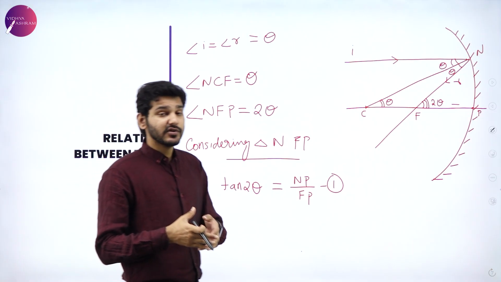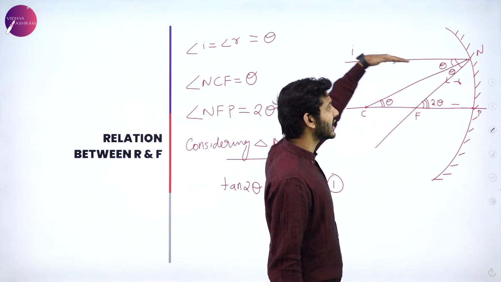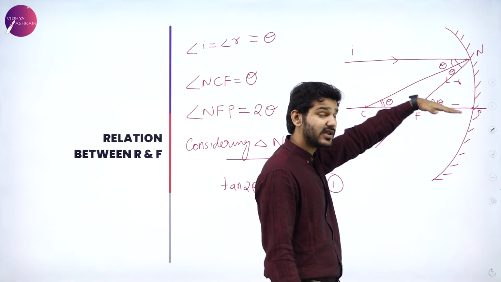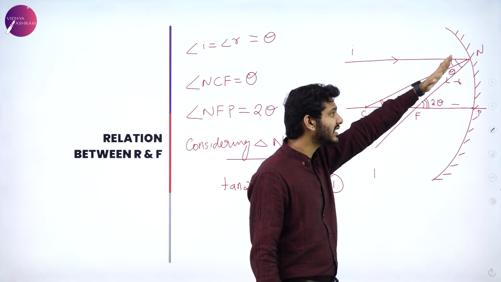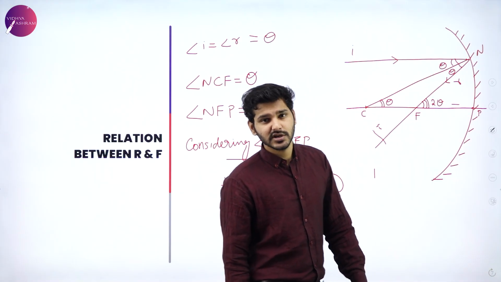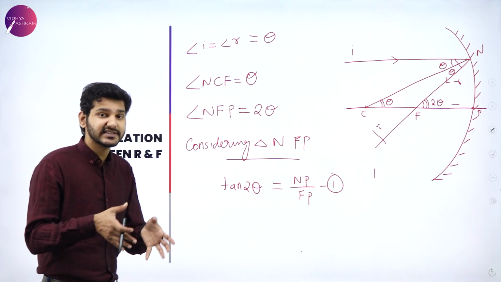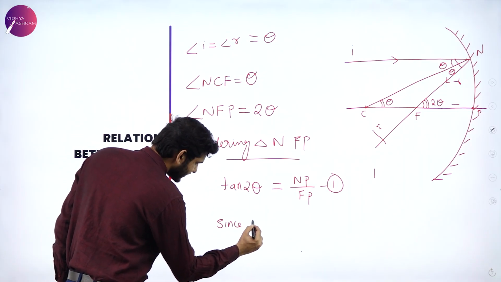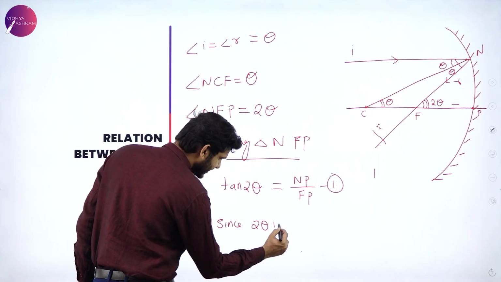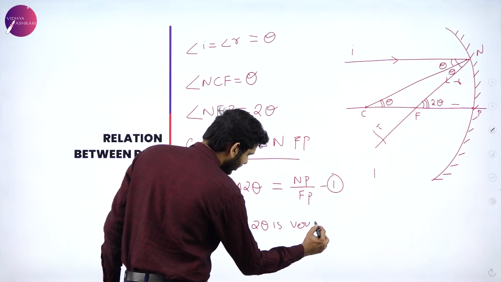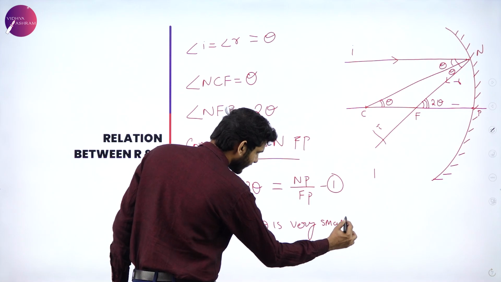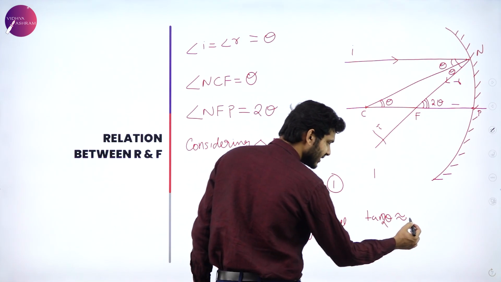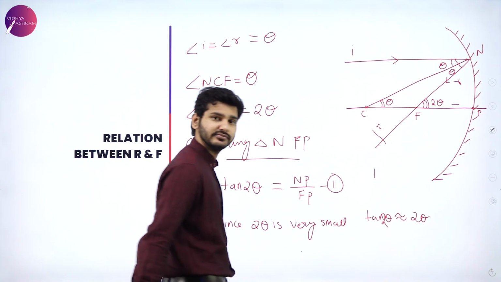Now again, you have to also remember that this particular line is very close to the principal axis, right? It is very close, which means this particular angle is actually very small. So we can take the approximate assumption that since 2 theta is very small, we can say that tan 2 theta will approximately equal 2 theta.